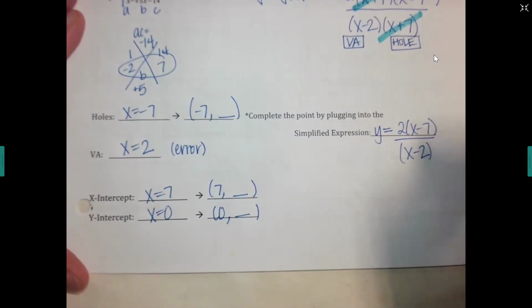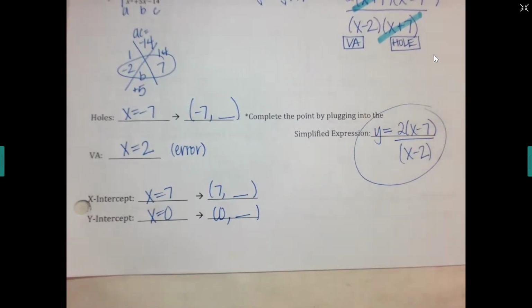All right, so go ahead and type that in. Okay, I'm going to come around. If you're having issues with your calculator, let me know. Okay, you're hitting alpha x in your y equals. So y equals alpha x.